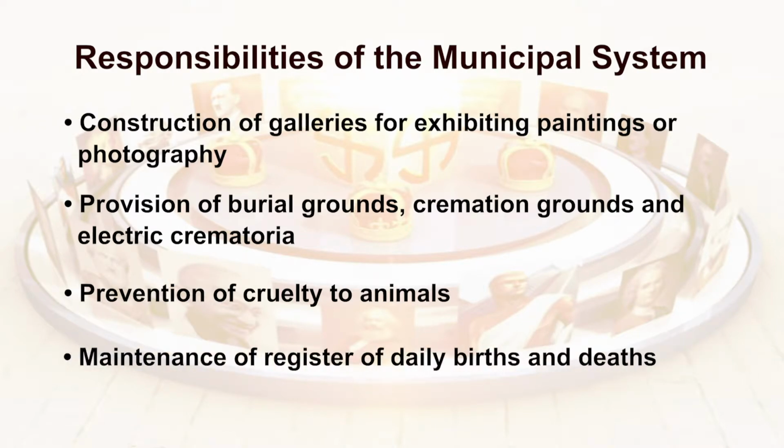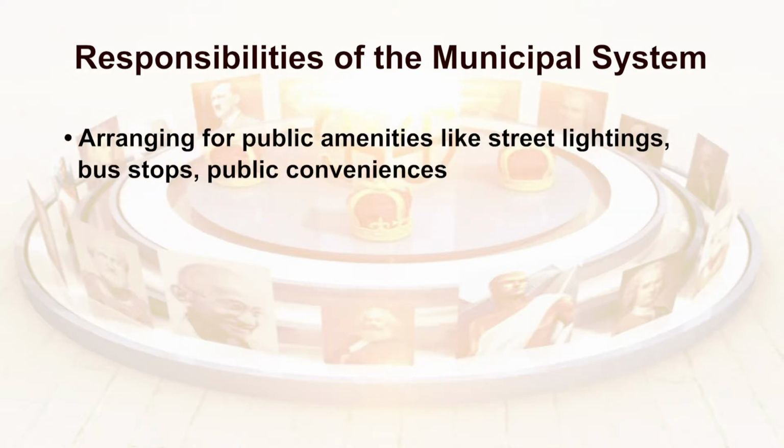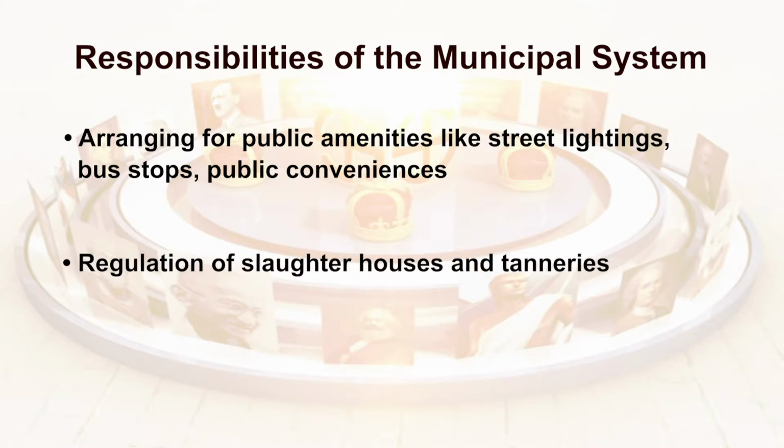Vital statistics, this is also very important, maintaining a register of daily births and deaths, and in some municipalities they are prominently displayed across the city. Public amenities like street lighting, bus stops, public conveniences, that also is one of the responsibilities of the municipal systems. And finally, regulation of slaughterhouses and tanneries, which can be found in some municipal areas.